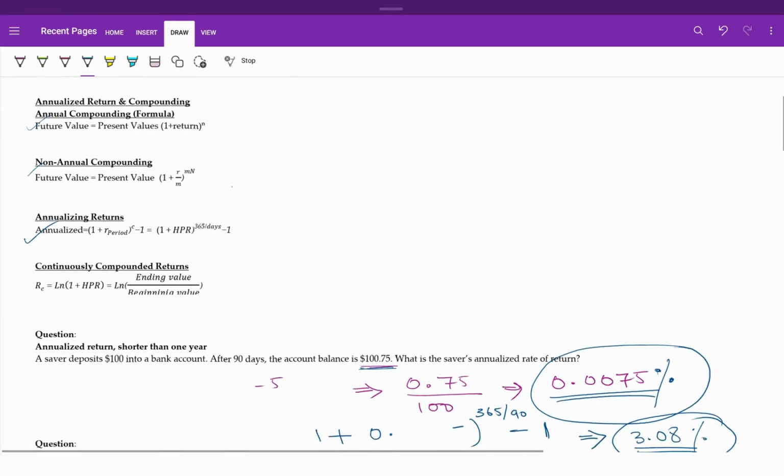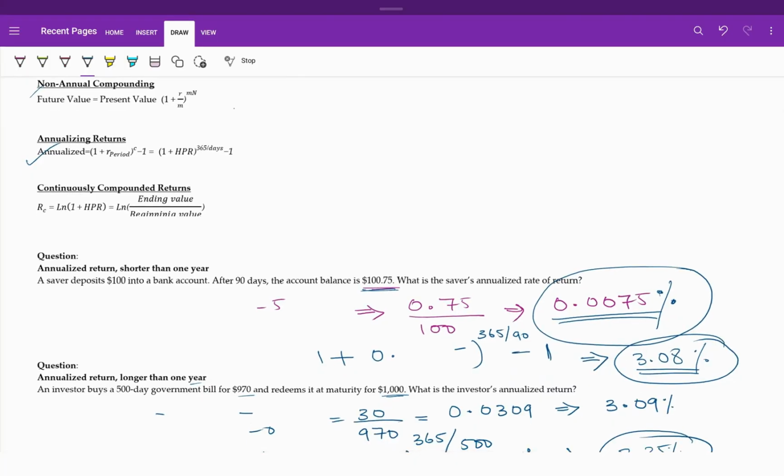So now continuously compounding returns. Continuously compounding returns are those where the frequency is not quarterly, not weekly, not even daily, greater than 365.